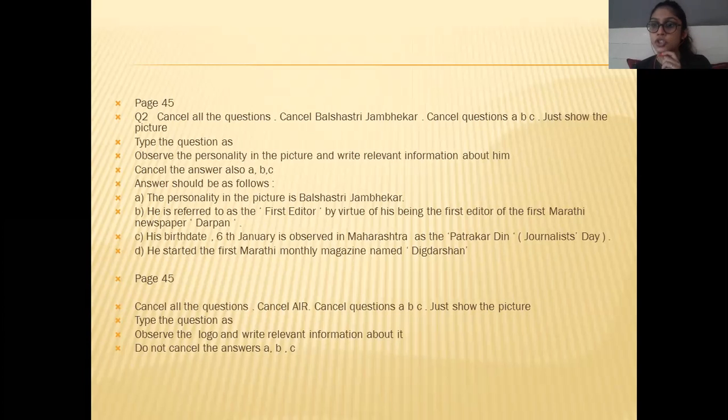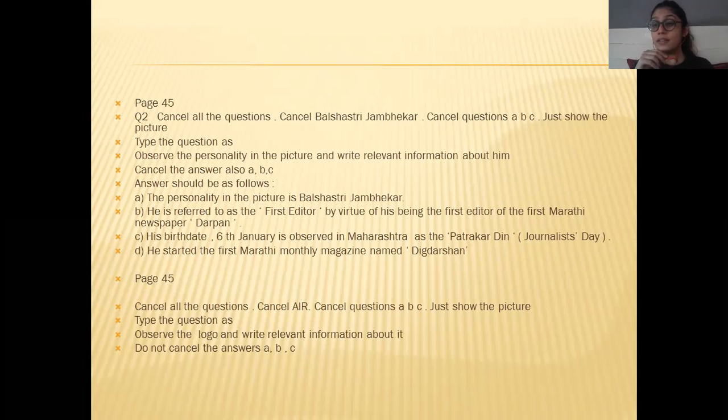The answers should be as follows. So the answers A, B and C that you have cancelled, what is the answer going to be? First, the personality in the picture is Bal Shastri Jambekar. Question number B: he is referred to as the first editor by virtue of his being the first editor of the first Marathi newspaper, Darpan.